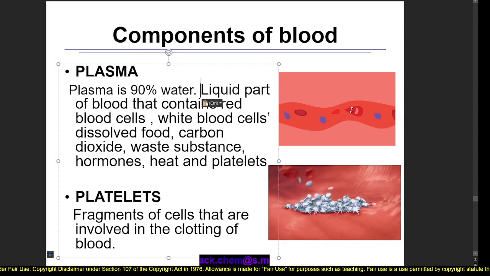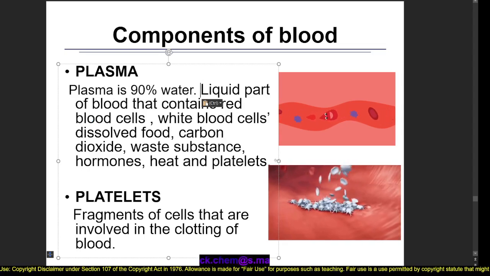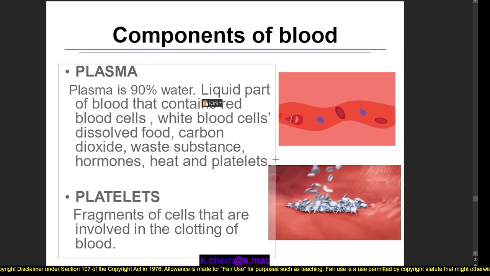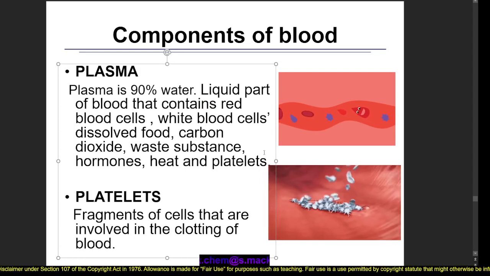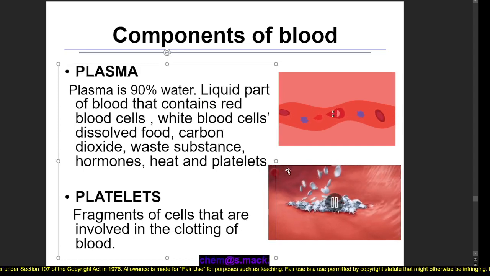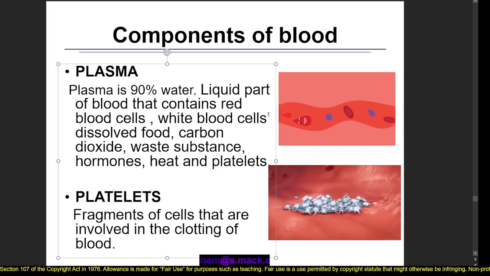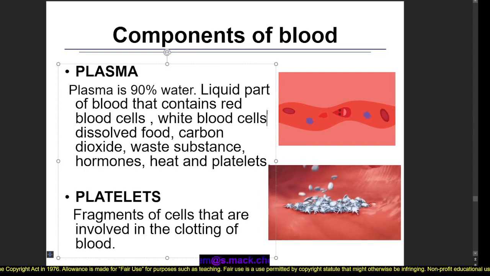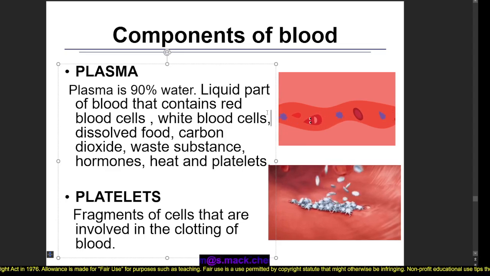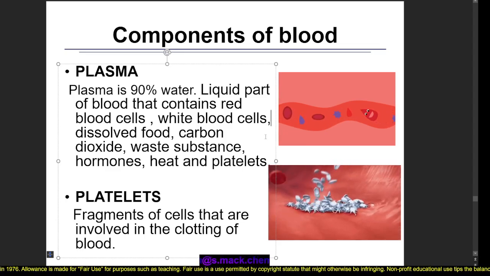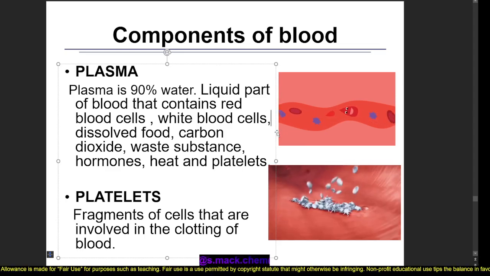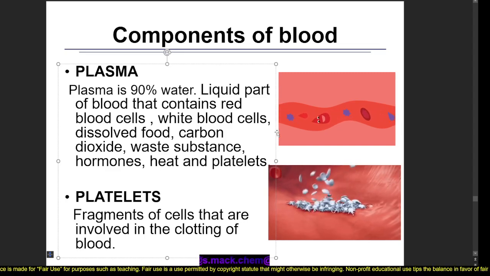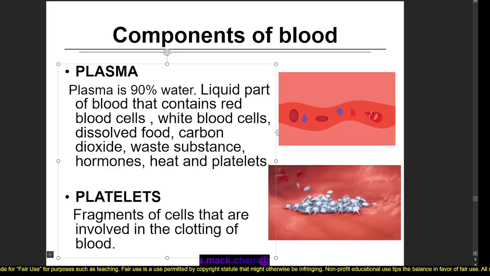and I'm going to call it the liquid part, which contains the other substances found in blood, such as red blood cells, white blood cells, dissolved food substances, carbon dioxide, other waste substances, even hormones, heat, and platelets. They are all contained in plasma.